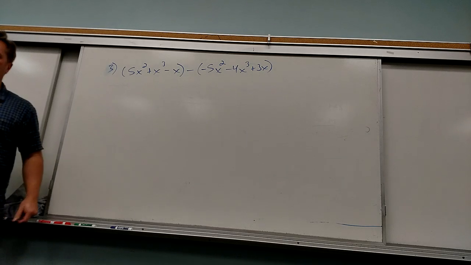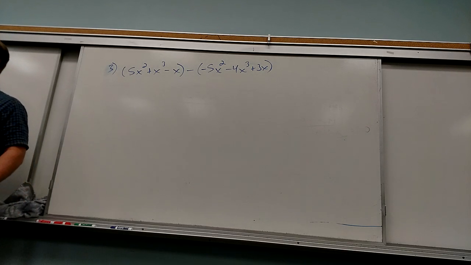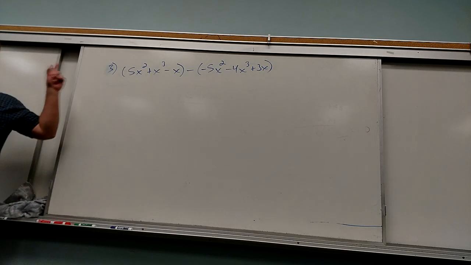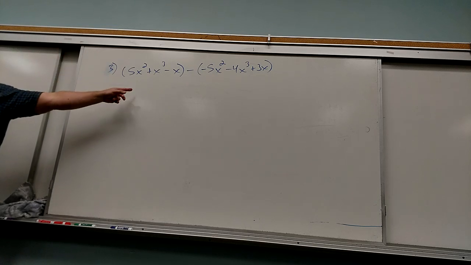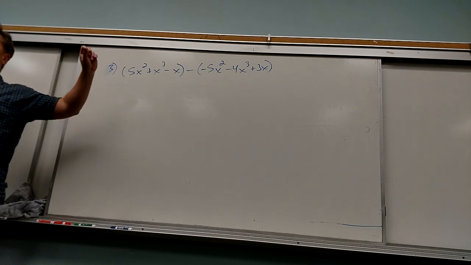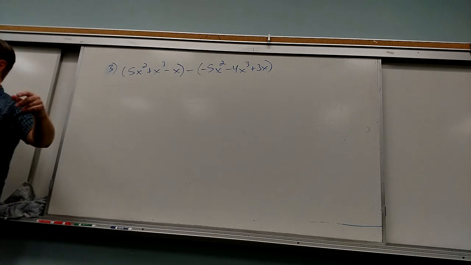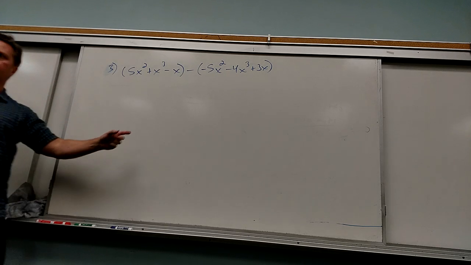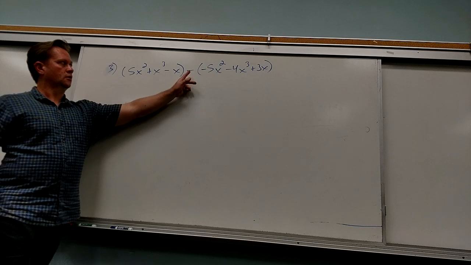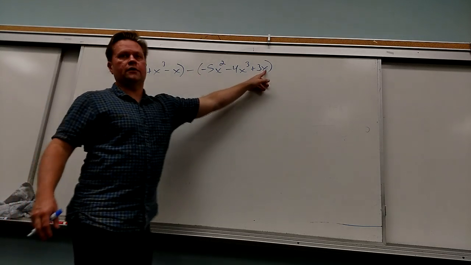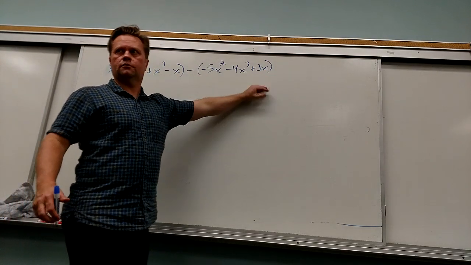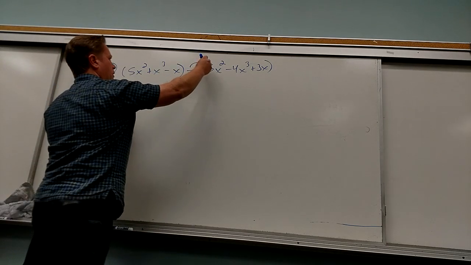So we talked a little bit about this last time. What's the thing in this problem that's going to trip the most people up that you've got to be most careful about? The negative. What am I subtracting in this problem? Subtracting all of this. So distribute that negative.